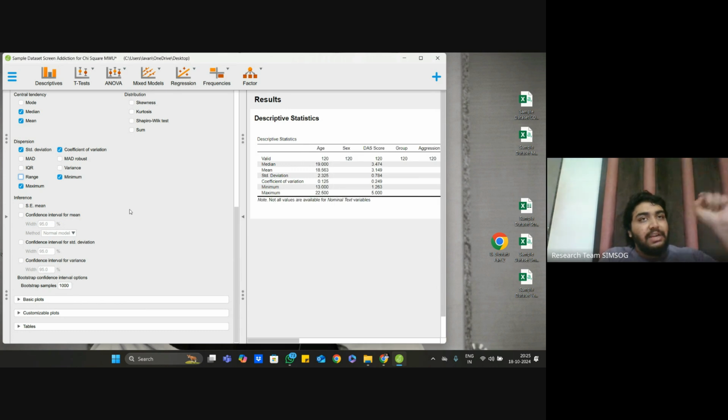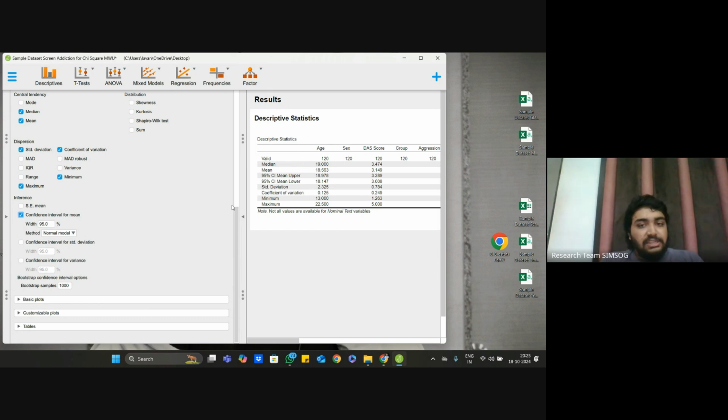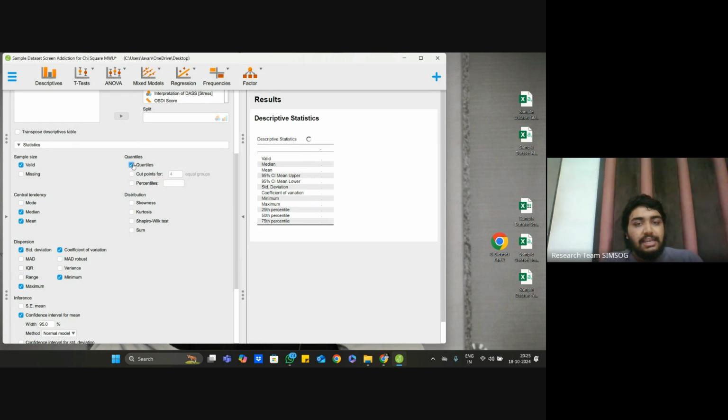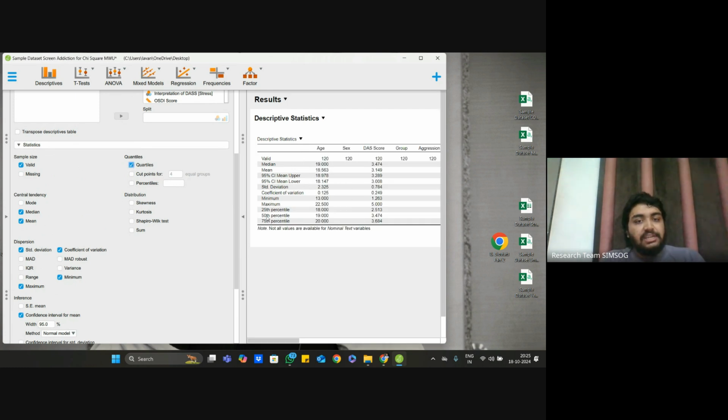But if you want to find the individual 25th percentile and 75th percentile, what you do is select confidence interval for mean with 95%, and it will give you the 95% confidence interval, upper and lower. Similarly, for quartiles you will select it, and it will give you the 25th percentile. 50th percentile is your median, so not a problem about that, and the 75th percentile.